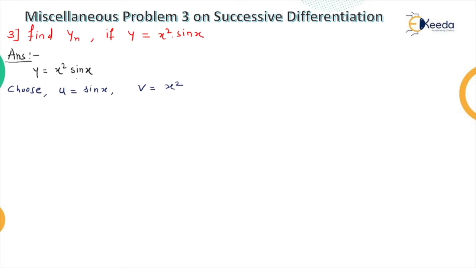Here, if we observe x square and sin x, which function has a derivative that vanishes early? x square: its first derivative is 2x, second derivative is 2, and third derivative becomes 0, therefore v vanishes early. So v is equal to x square.